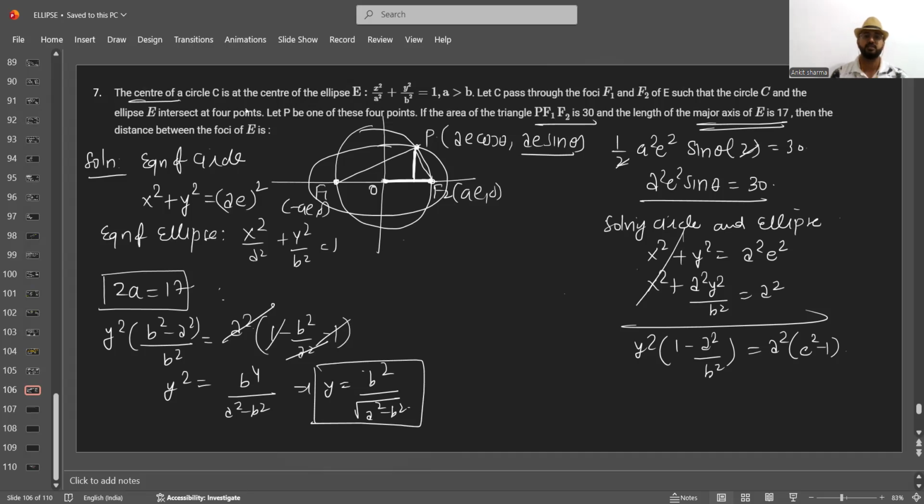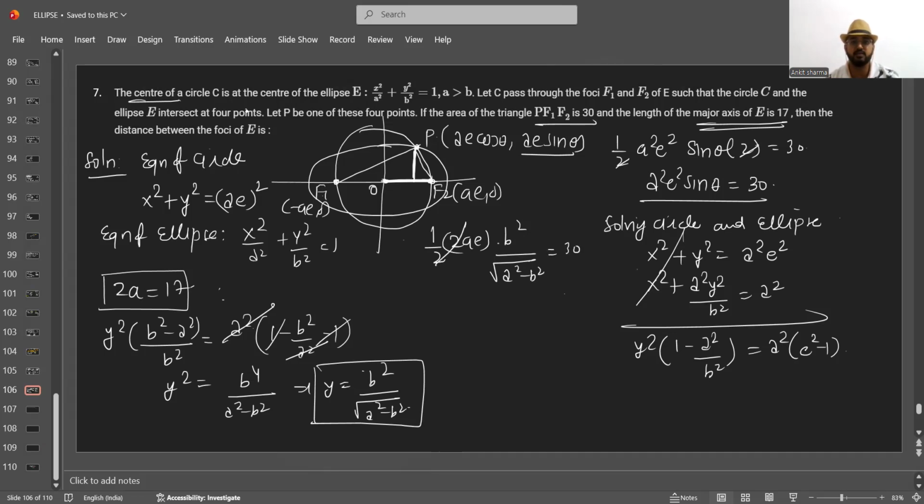Now let us use something and see what we get. So area of this triangle is 30. So this distance, I get here half into base is basically what? 2ae, into height is simply this. So this is b square by root of a square minus b square is equal to 30.